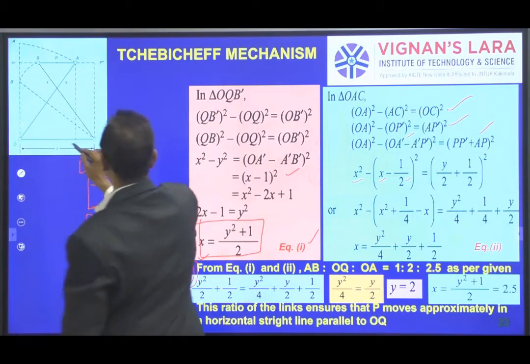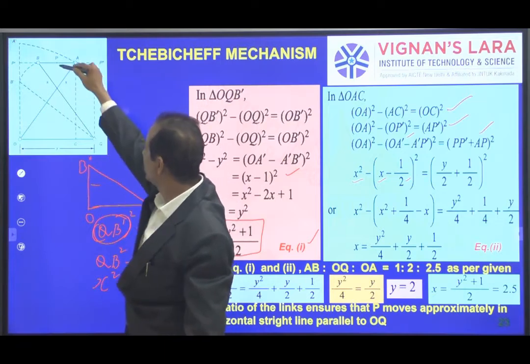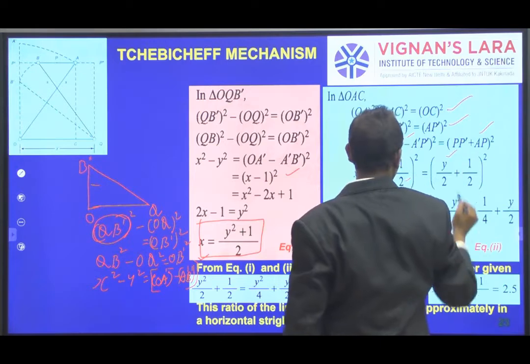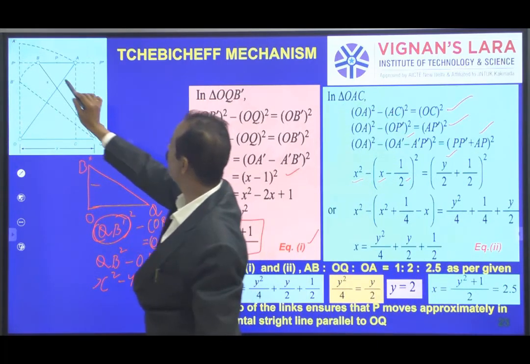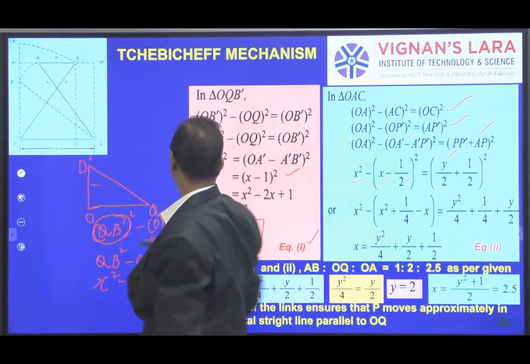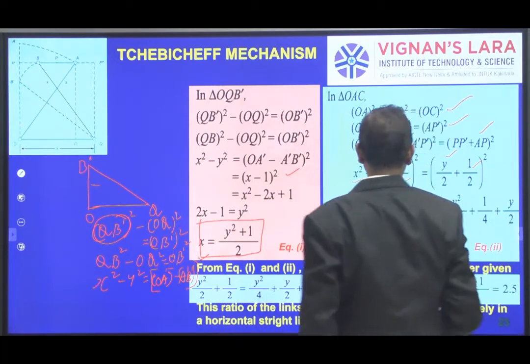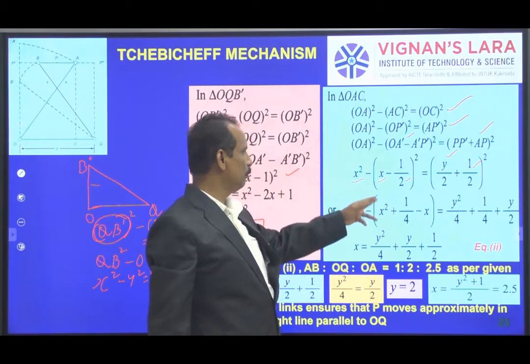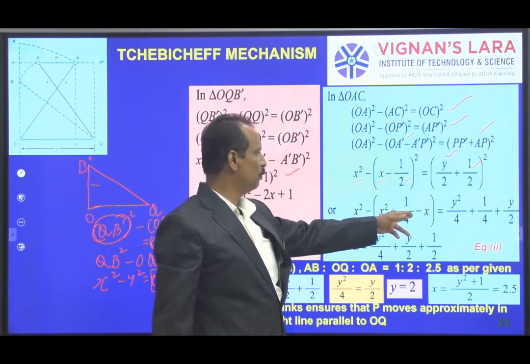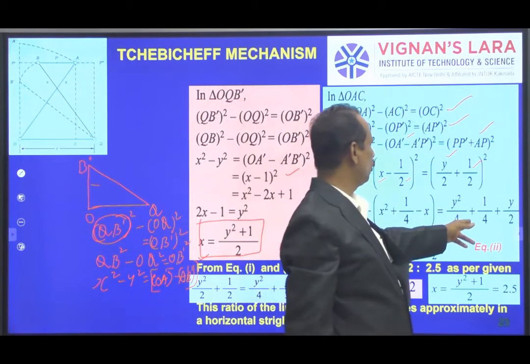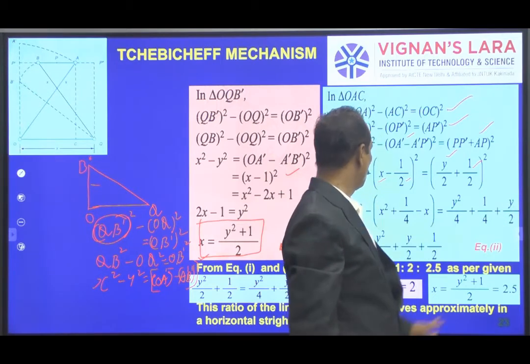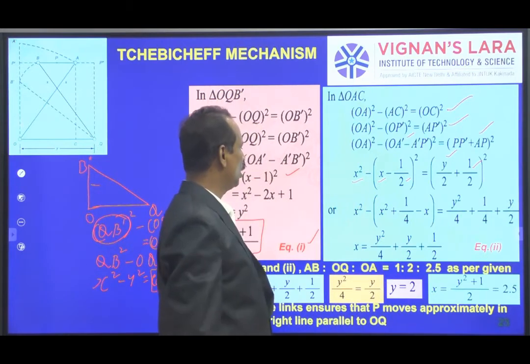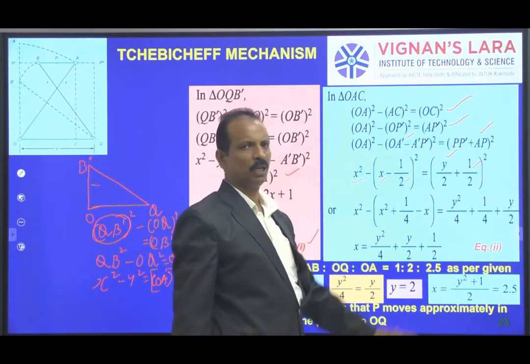PP is what? This total is Y and this is the middle portion. So PP dash is equal to Y by 2. Then we know AP is equal to 1. Then AP by 2 is equal to half. Simply by expanding, X square minus X square plus 1 by 4 minus X is equal to Y square by 4 plus 1 by 4 plus Y by 2. Rearranging them, I can get the X value as Y square by 4 plus Y by 2 plus 1 by 2.